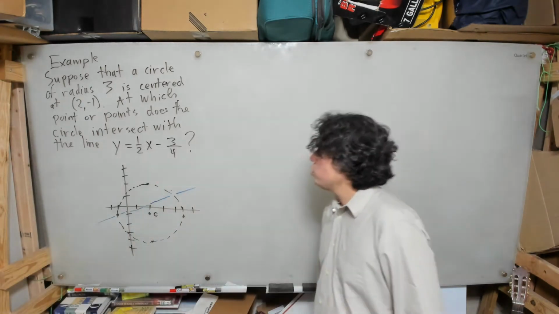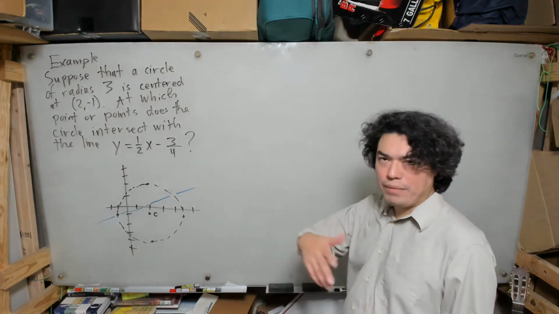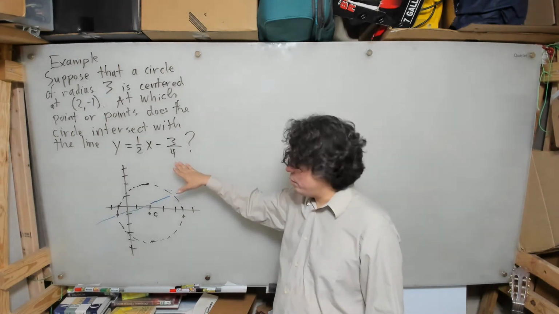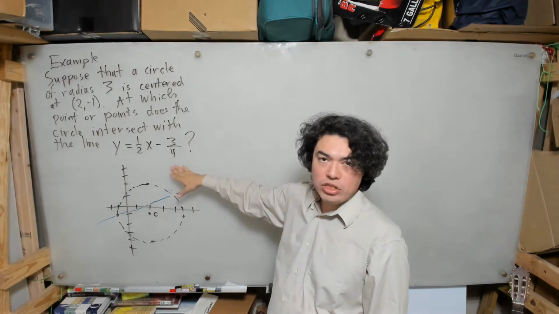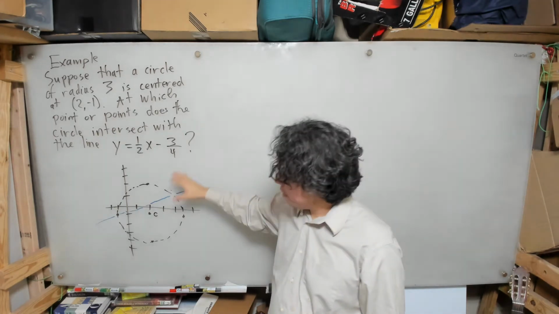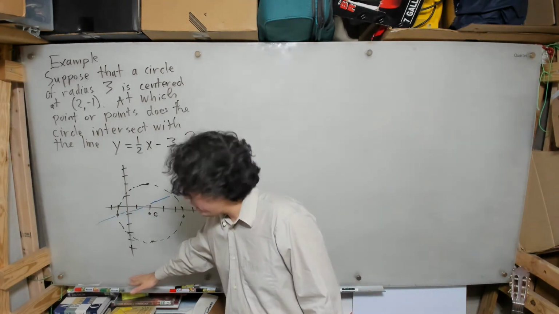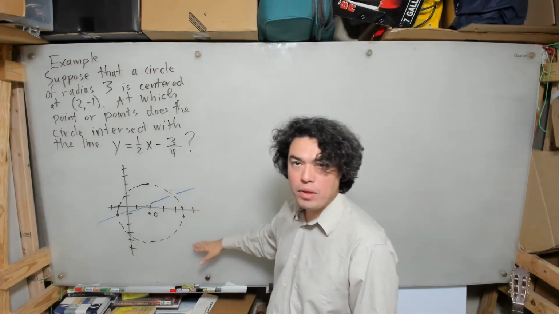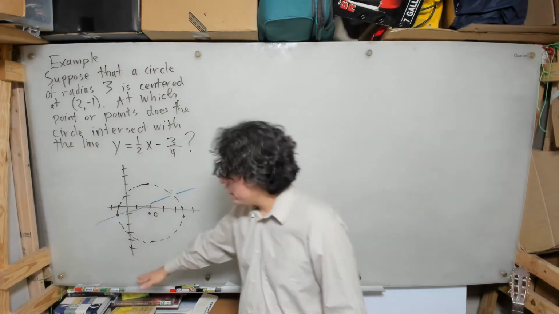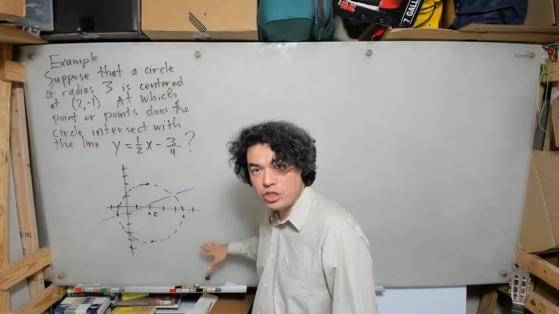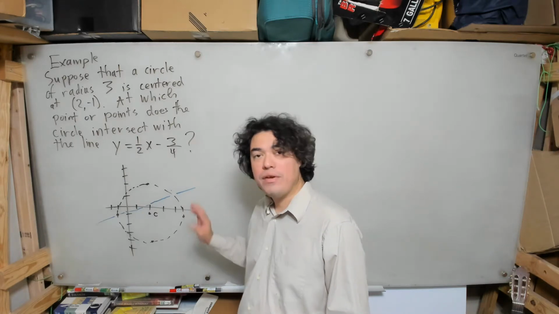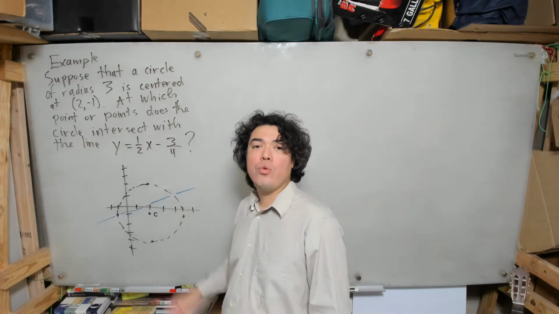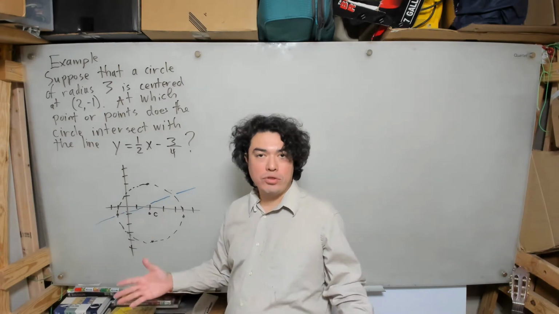Now, for example, if instead of it having been this line, let's say that the y-intercept had been -10, it would have been far down here, and we could have seen going up with slope 1/2 that it would likely have not touched the circle. And so even if our graph there had been crude, we would have known that there are no solutions.